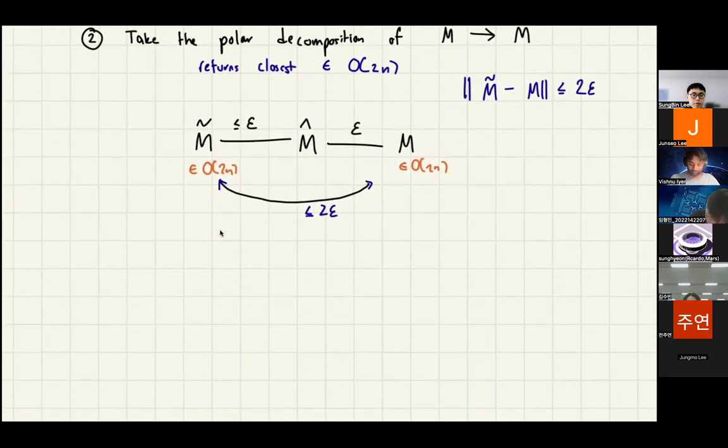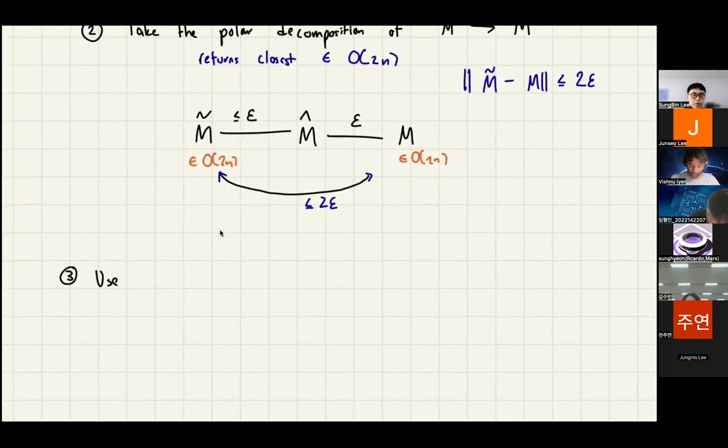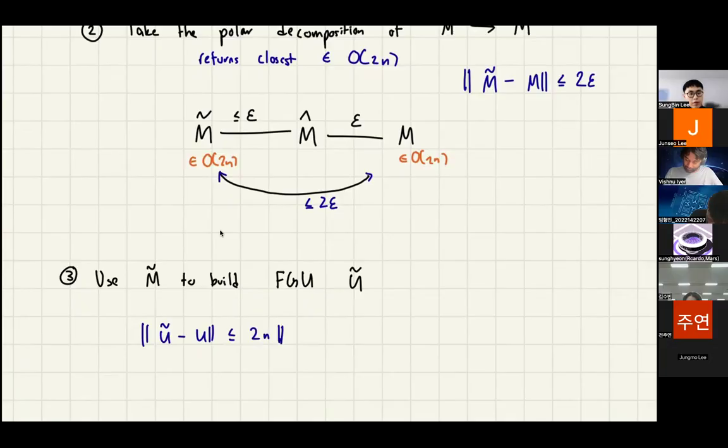And the final step is to use M tilde to build the FGU, U tilde. What we have is that U tilde minus U is less than or equal to 2n times M tilde minus M. But we have from here that M tilde minus M is less than or equal to 2 epsilon.